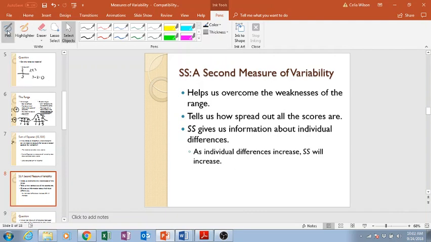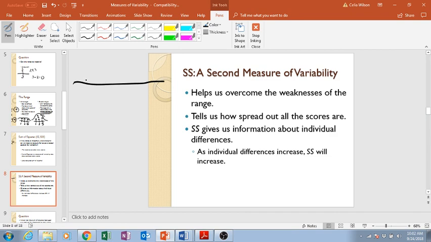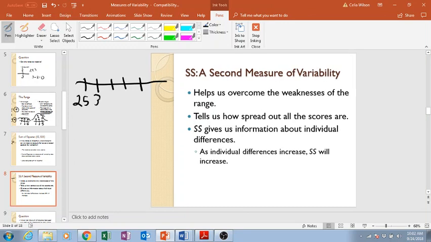Okay, so let's look at another example of that. So I'm going to draw a distribution up here using some shapes. Let's do 25, 30, 35, just trying to make it easy on us, 40, and 45.